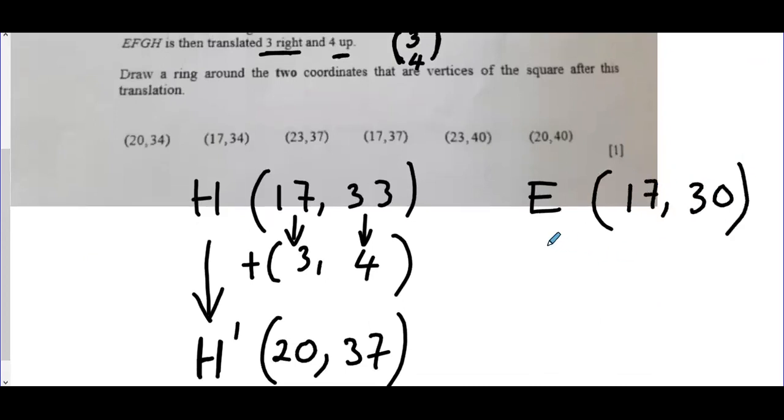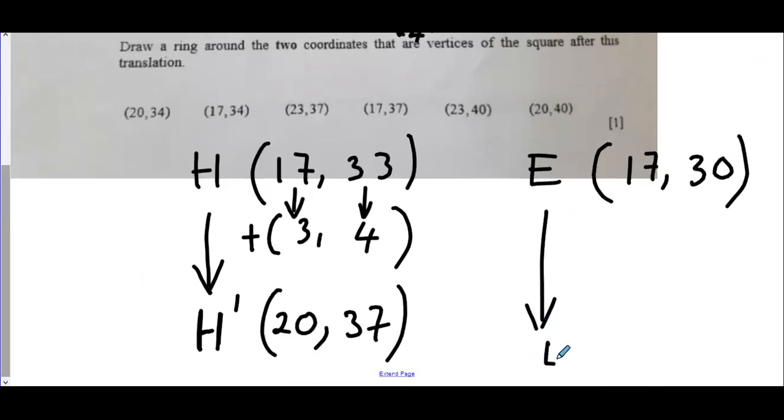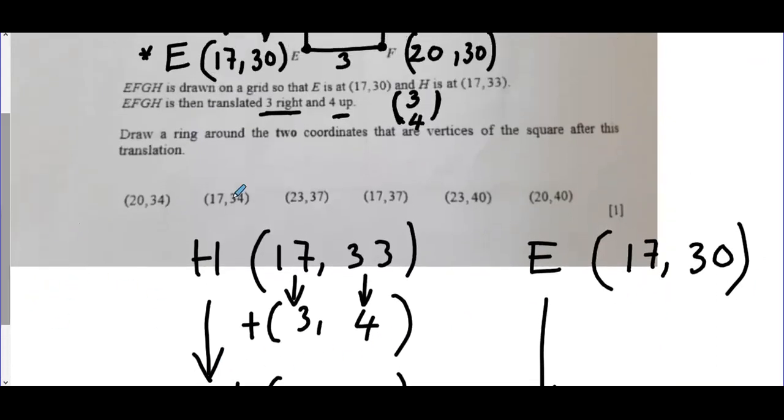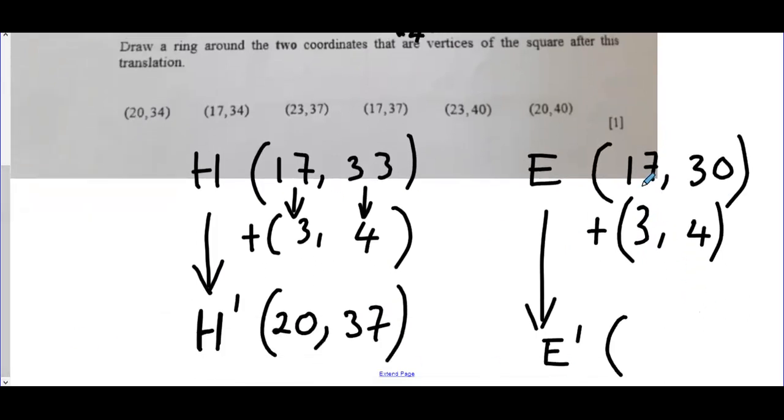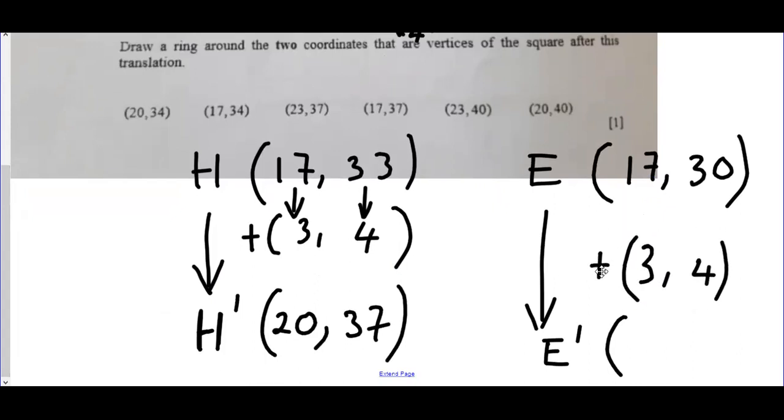17,30. Now, to find the image of E, this will give you E dash. And how do we use the translation vector? We're going to add the translation vector to this. Okay, we're going to add 3, 4. All right, and when you do that, let me try to push this a bit down.